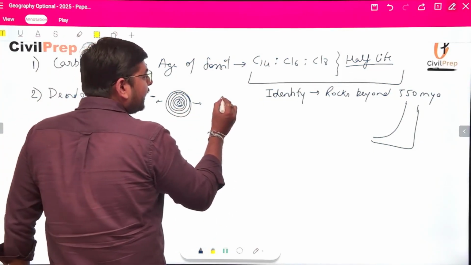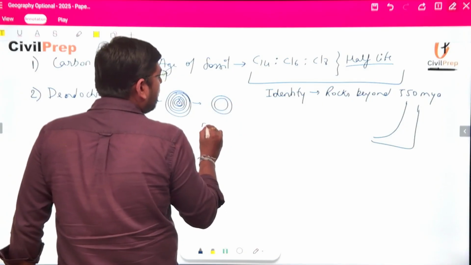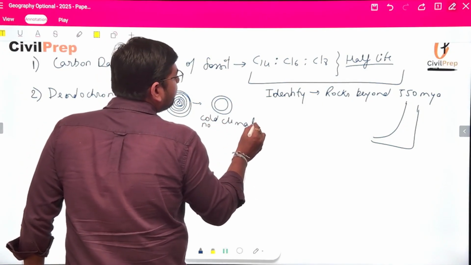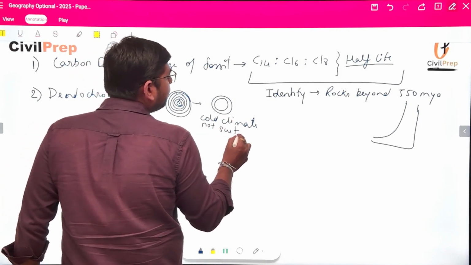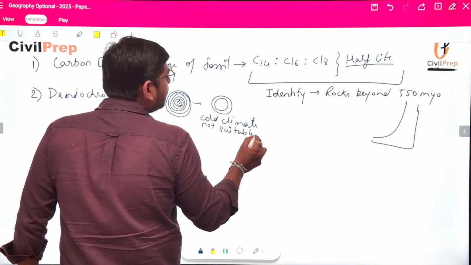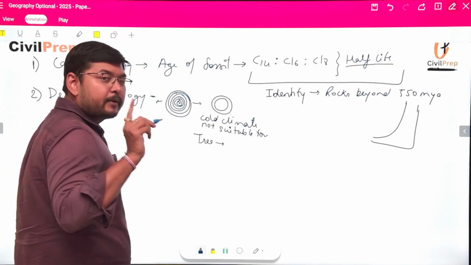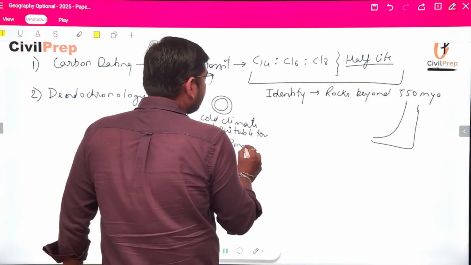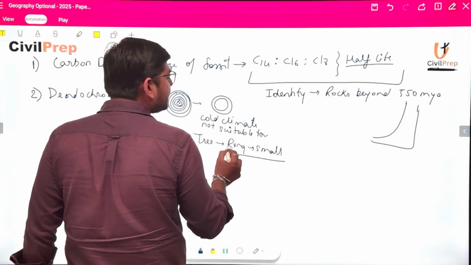So whenever there is a cold climate, which is not suitable for the tree, at that particular year the size of that ring will be small.